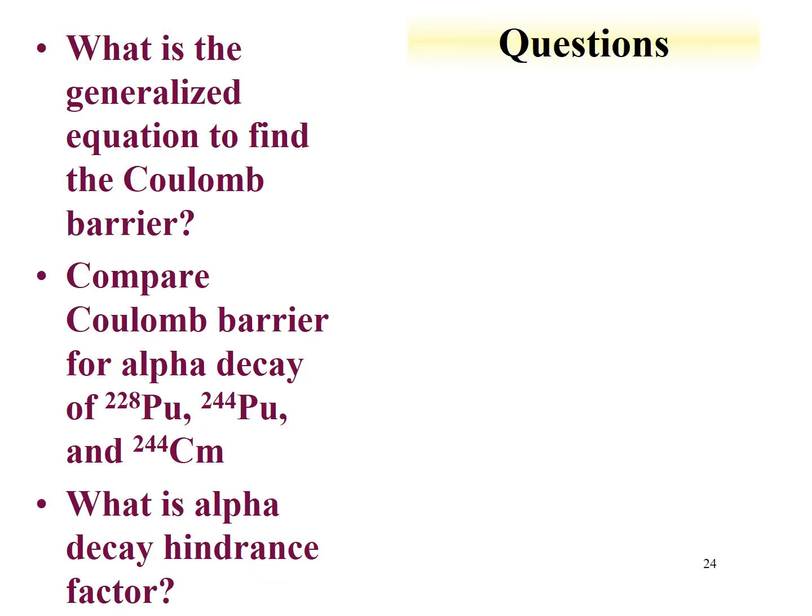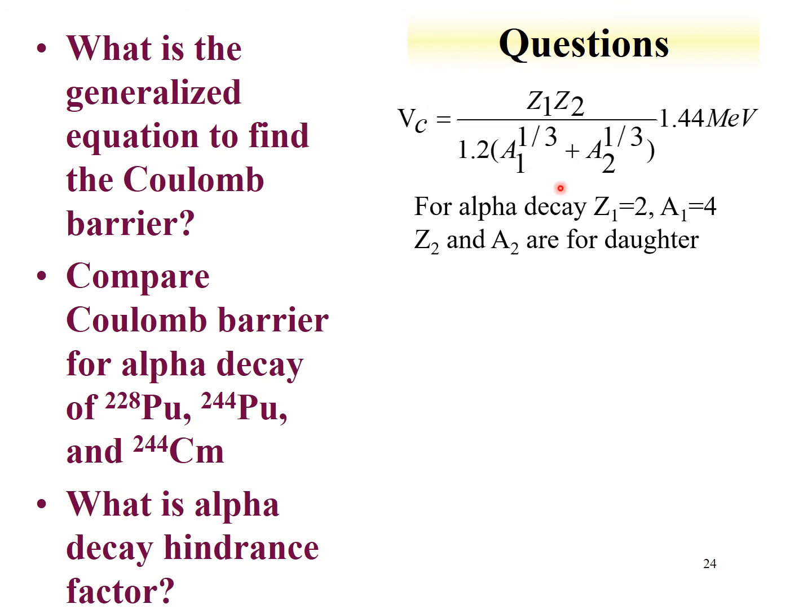Based upon the lecture, one should be able to answer some questions on the Coulomb barrier, such as what is the generalized equation to find the Coulomb barrier. The generalized equation is shown here, where the Z values for nucleus 1 and nucleus 2 are multiplied together and divided by 1.2 times the A to the 1/3 plus A to the 1/3 for nucleus 1 and nucleus 2, and that's multiplied by 1.44 MeV.